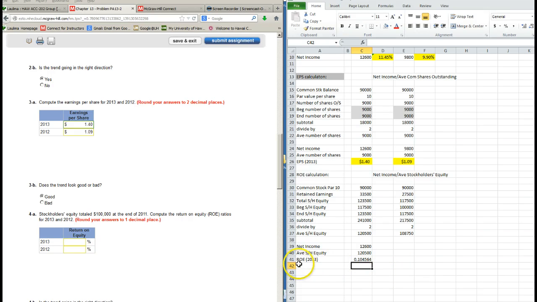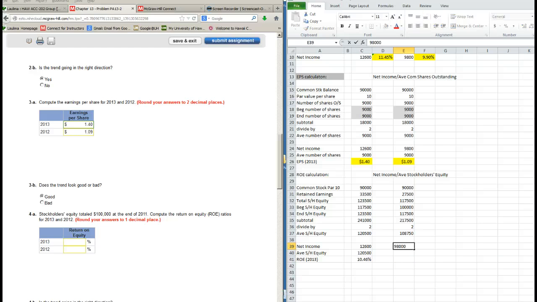And so again, remember that formula said to multiply that amount by 100, and so what that basically does is convert it to a percentage. And what I'm going to do here is use Excel formatting to convert that number to a percentage, which is going to be 10.46%.